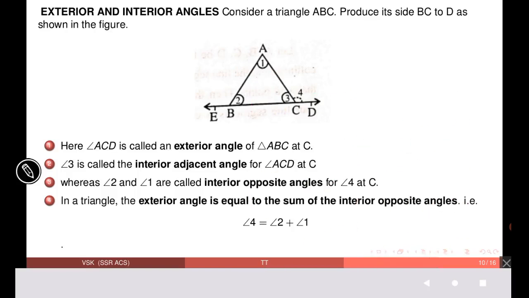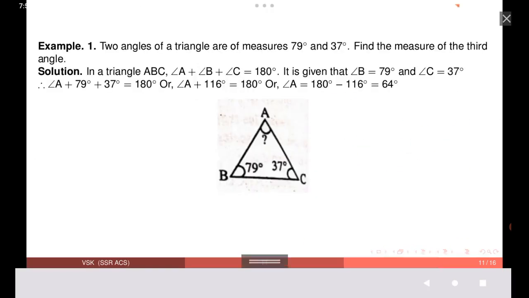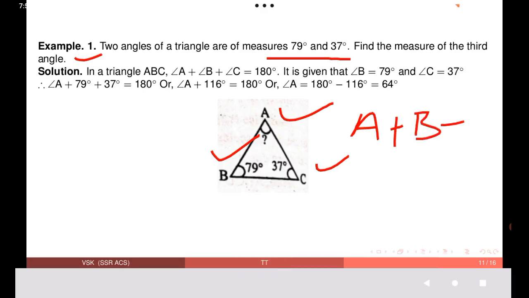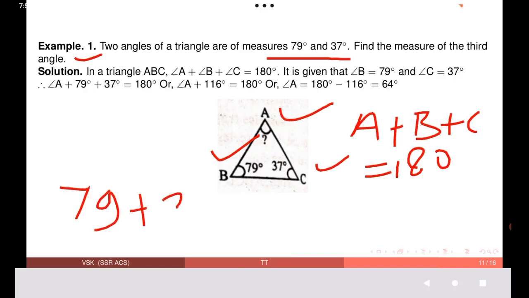Now let us see some examples. Two angles of a triangle measure 79 and 37. Find the measure of the third angle. So it is very easy. We know if A, B, C are the angles, then A plus B plus C is 180. One is given as 79, the other is given as 37.